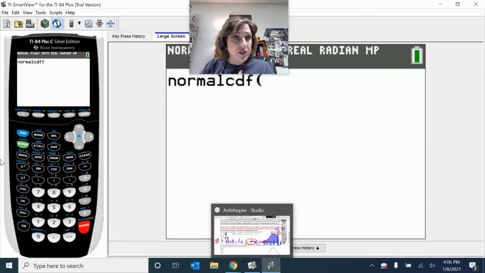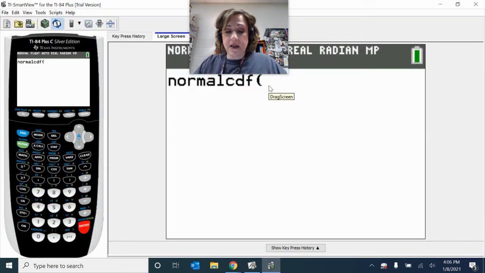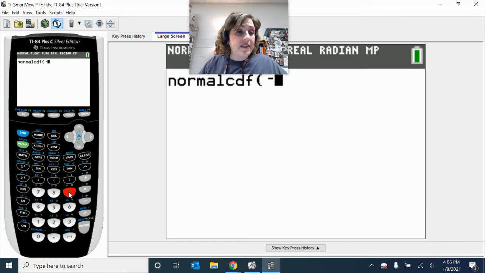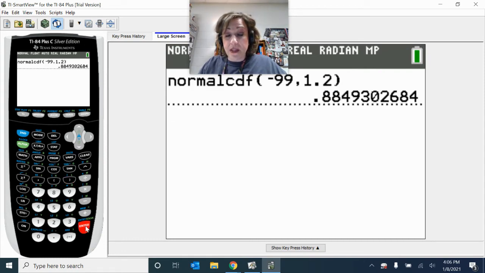Here's how this looks: normal CDF from negative 99, then the comma is above the 7, and then 1.2. Then I close the parentheses and hit enter. It goes to 4 decimal places: 0.8849.